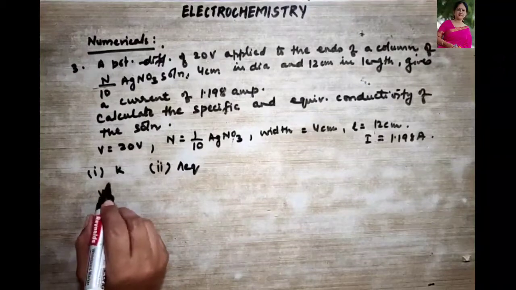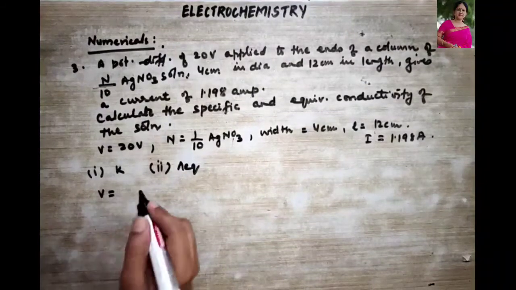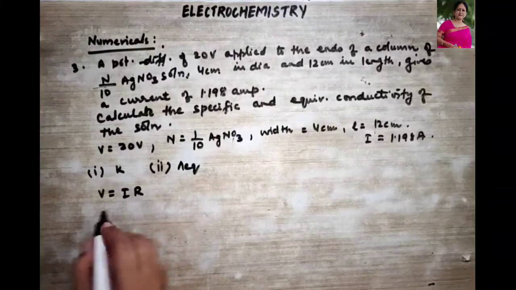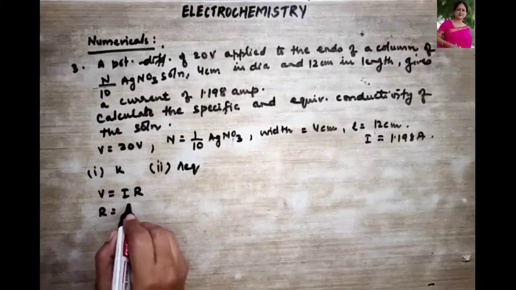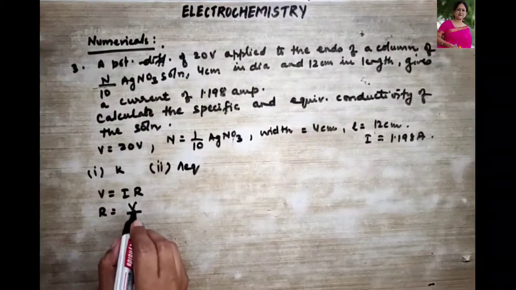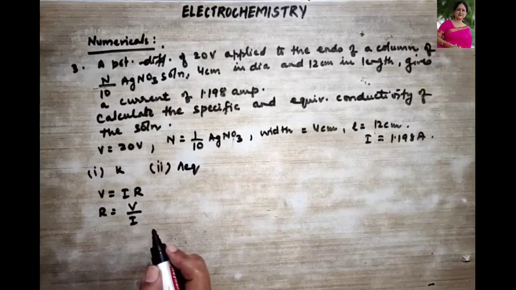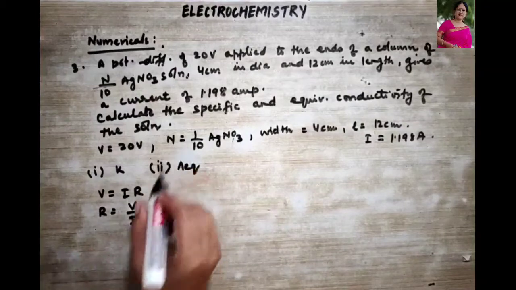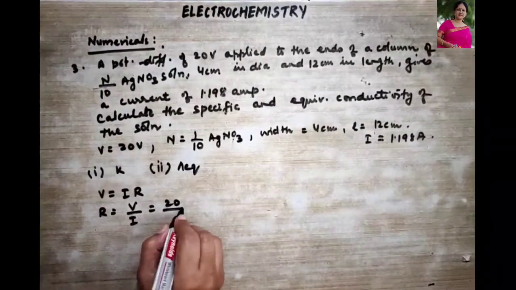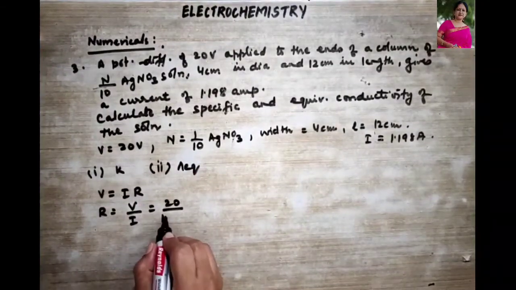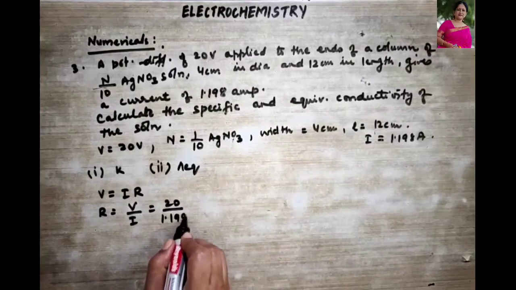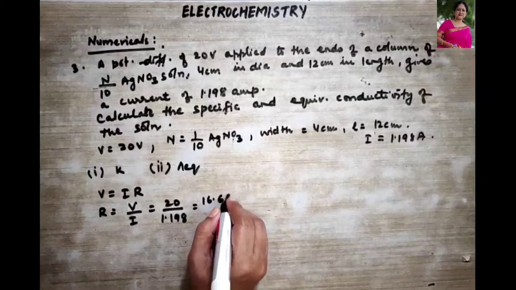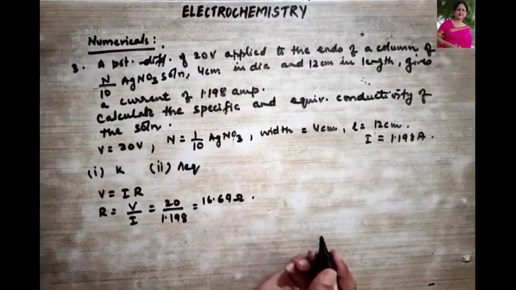Ohm's law: potential difference is equal to I into R, current into resistance. And what is your resistance equal to? The potential difference upon the current. So your resistance is 20 upon what is the current? 1.198. So this is equal to 16.69 ohms.